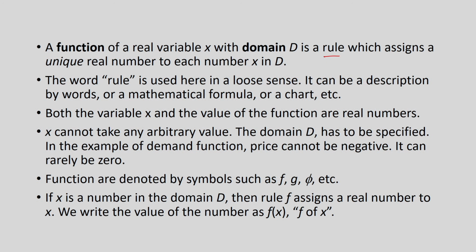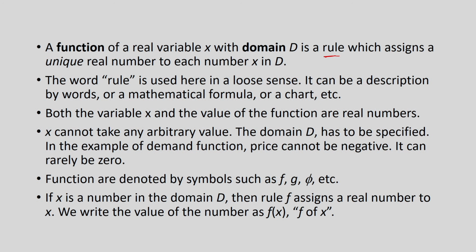First is this word rule. Okay. I am going to come to this word domain later on, but let us first look at this word rule. The word rule used here is in a loose sense. It can be a description by words or a mathematical formula or a chart, etc.